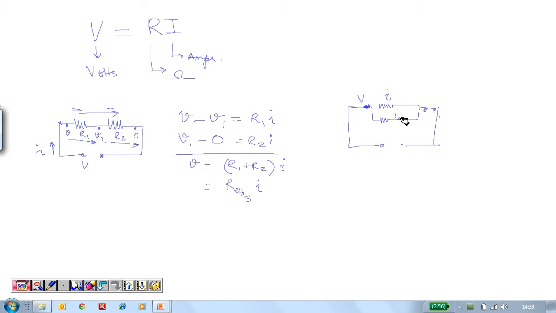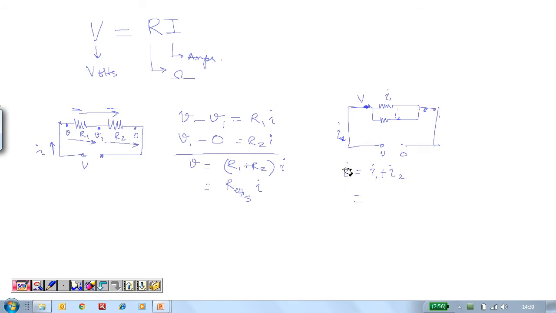There are two branches, so the original current I is broken up into two pieces, I1 and I2. So I is equal to I1 plus I2.